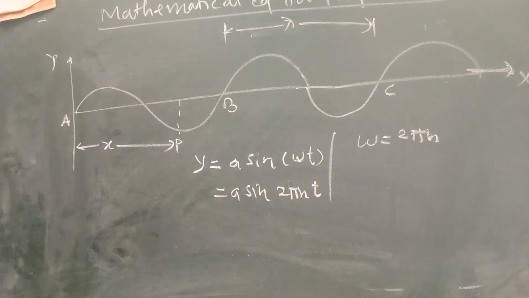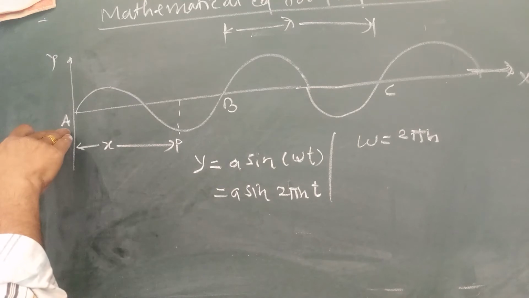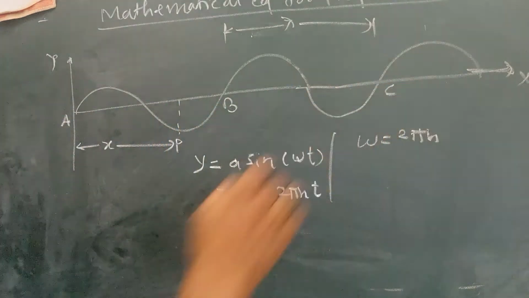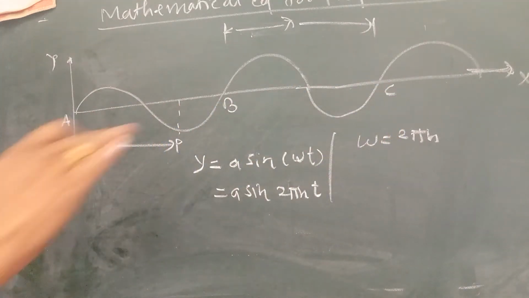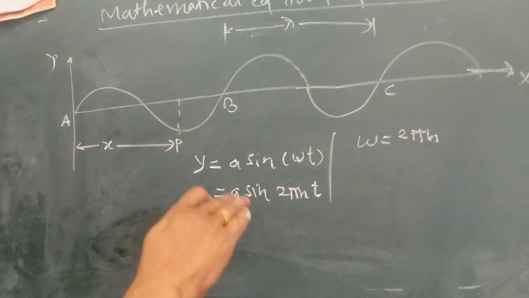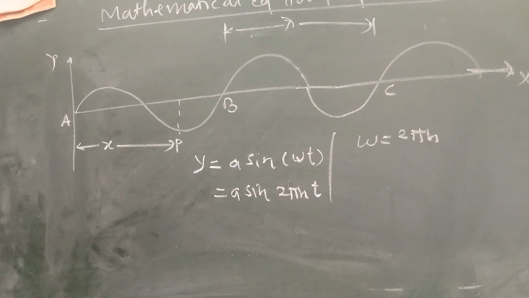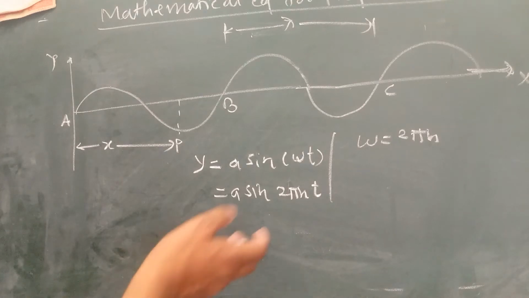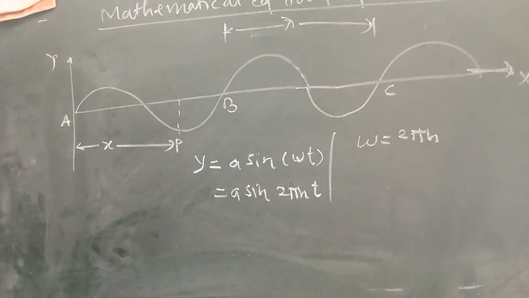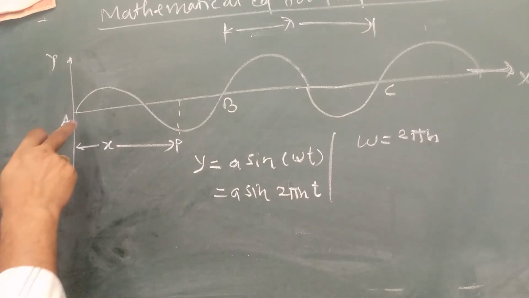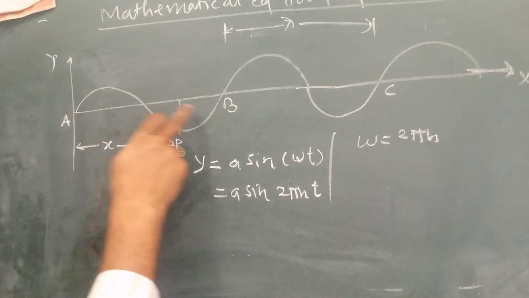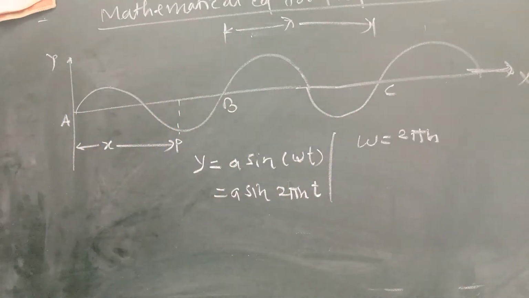Now when A is at the mean position, B is also at the mean position, and C also, so they are in the same state of vibration. Therefore the distance BC between these two is the wavelength lambda, and there is a phase change: here 0, here pi, here 2 pi.